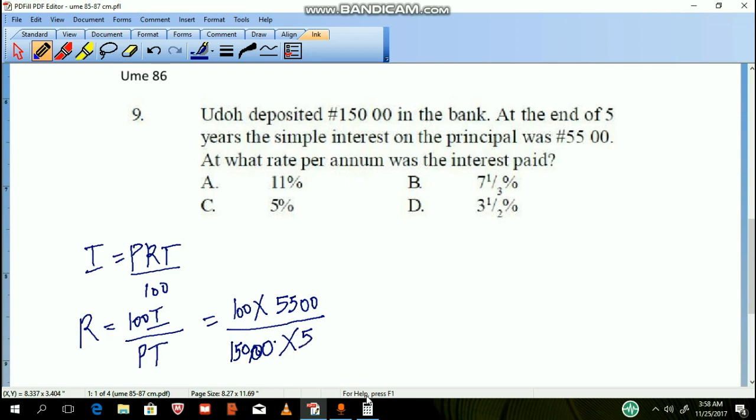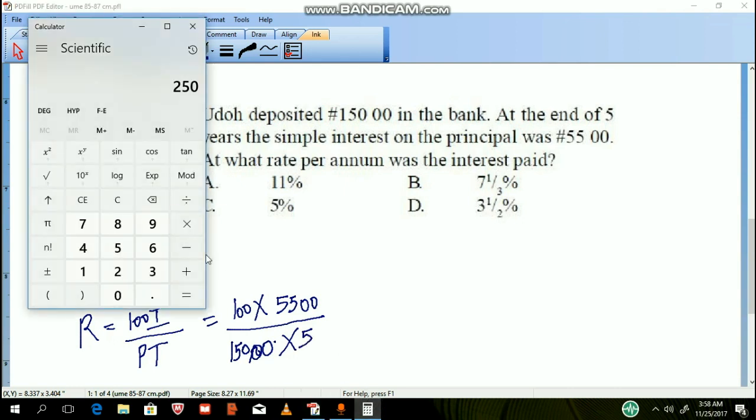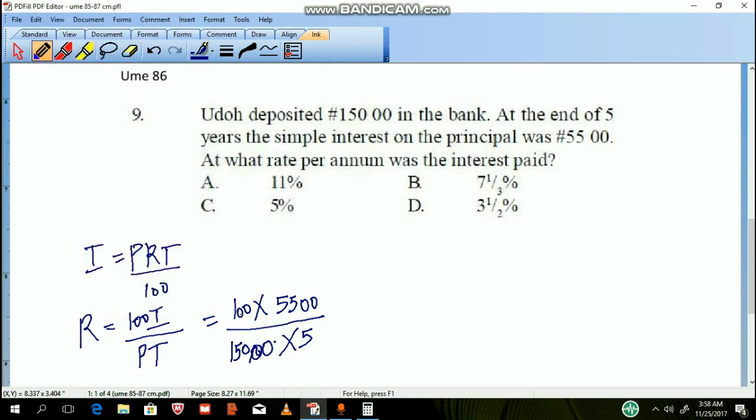If I compute all this together, 2 zeros will cancel 2 zeros, 1 zero will cancel 1 zero here, and we will be having 5 times 1, 5 in here will be 110.